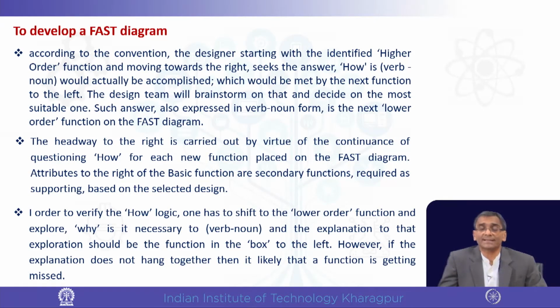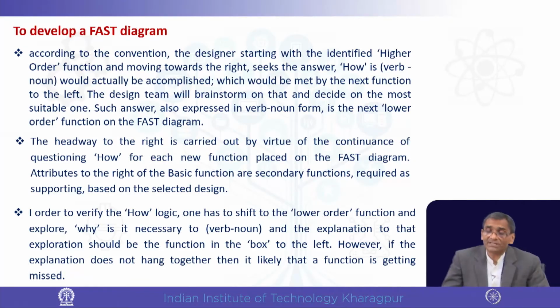This is the how-why axis I am talking about. The head-way to the right is carried out by virtue of continuance of questioning how, for each new function placed on the FAST diagram.